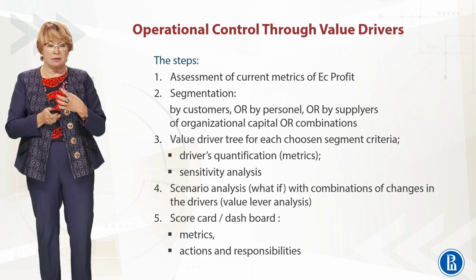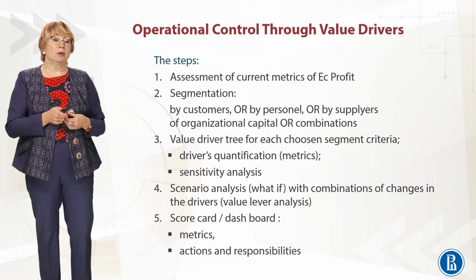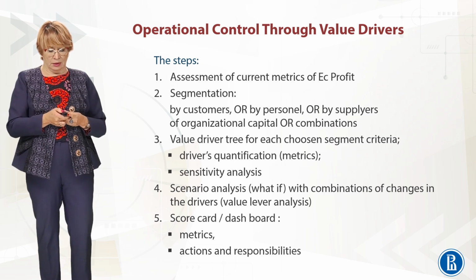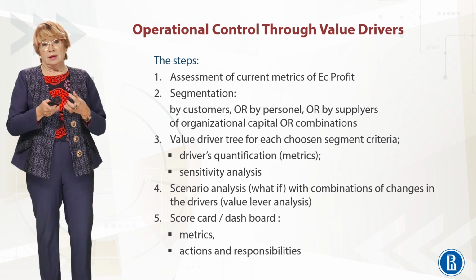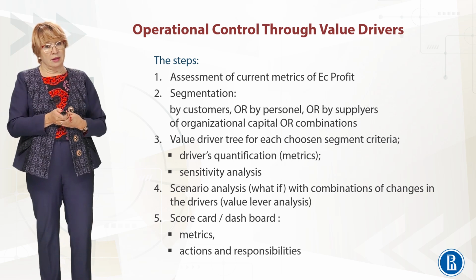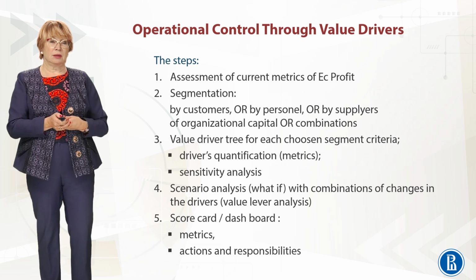They are still not at the threshold. Which particular actions should then be applicable in that situation? And who is responsible for getting the metrics up to the target levels? And this is the story about operating performance management.